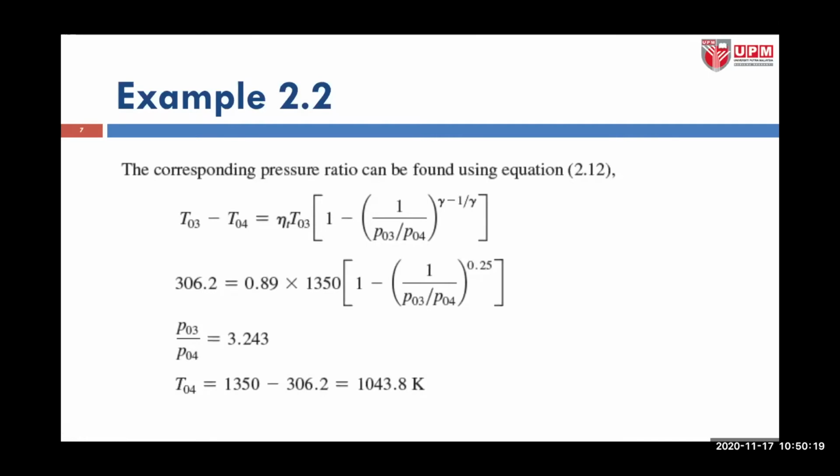Then the corresponding pressure ratio can be found using equation 2.12, where you have the pressure ratio PO3 over PO4 to be 3.243. You will then obtain the value for the turbine inlet temperature, TO4, to be 1043.8 Kelvin.